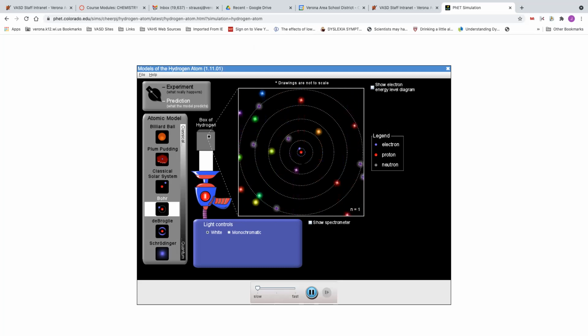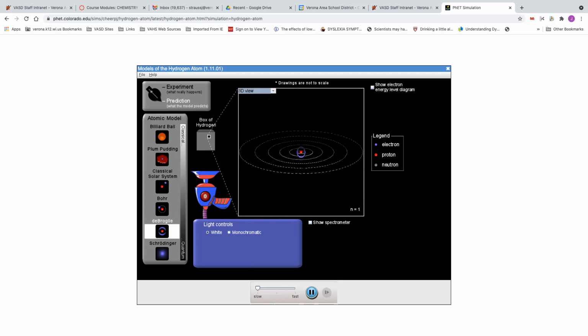Now, the thing with Bohr is he said, I don't know why you can only orbit certain distances. And that's where de Broglie came along. And de Broglie said, we need to stop thinking of the electron as a little sphere. The electron is also a wave. And that wave oscillates.